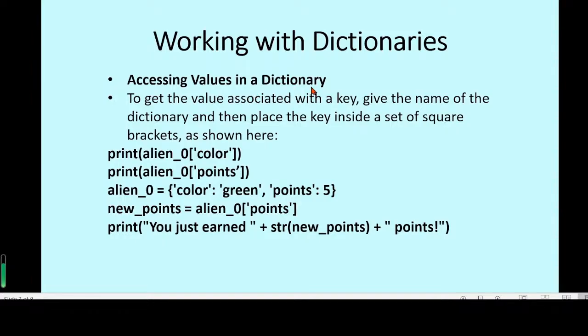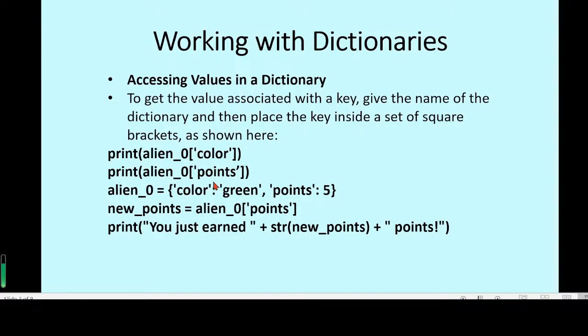Accessing values in a dictionary. To get the value associated with a key, give the name of the dictionary and then place the key inside a set of square brackets as shown here. So we can access the value of key color. So this will print out the value of color.